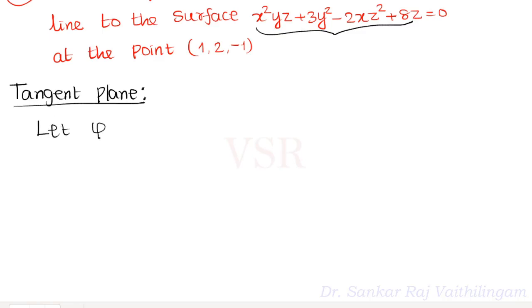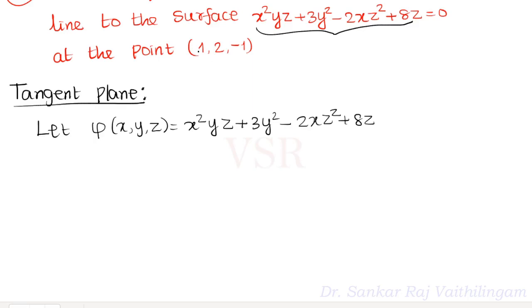Phi of x comma y comma z is equal to x squared yz plus 3y squared minus 2xz squared plus 8z. Then of course you can substitute 1, 2, -1. This will become 0.